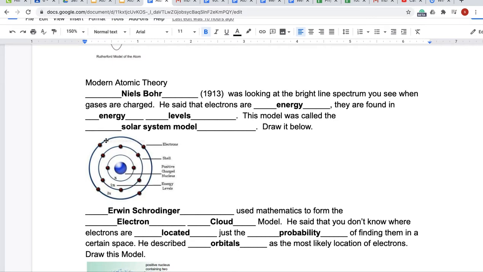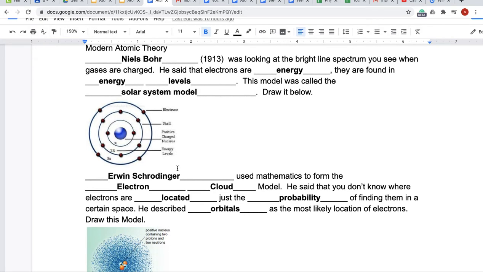And then he said there's a pathway even further out where there were even more electrons, and in fact there would be 10 electrons on that outer shell. And so he was seeing the gases being charged and those lights emitting, because electrons, when they emitted the light, would actually be moving from level to level.